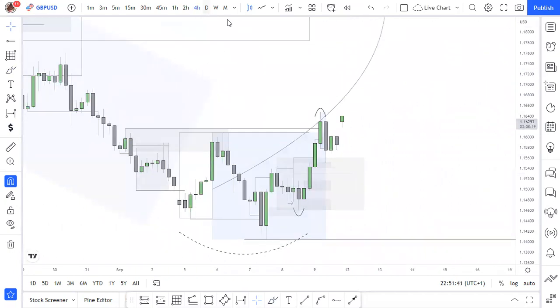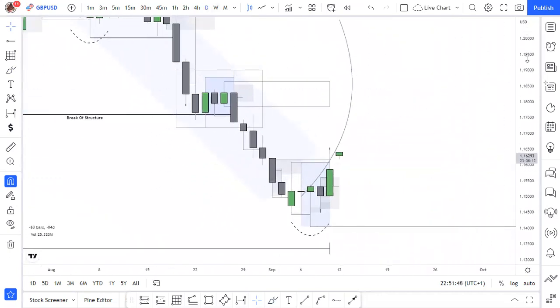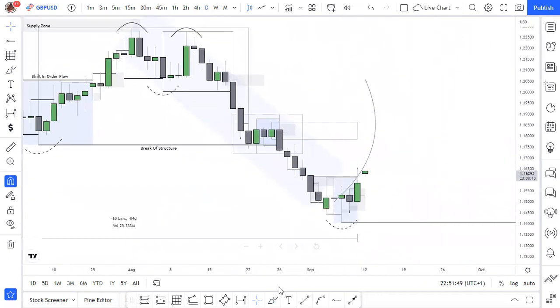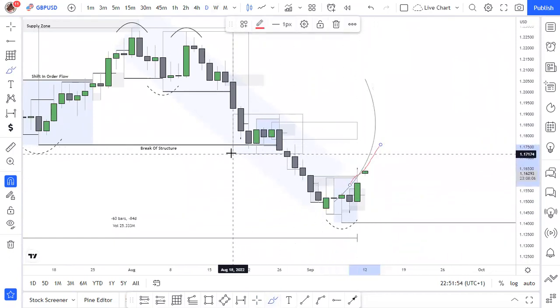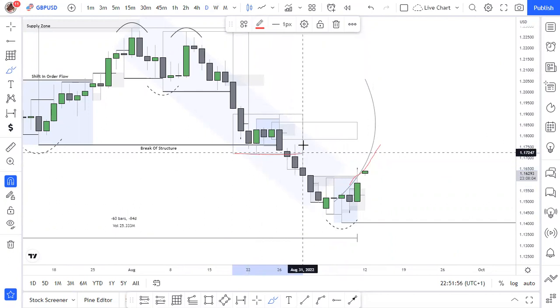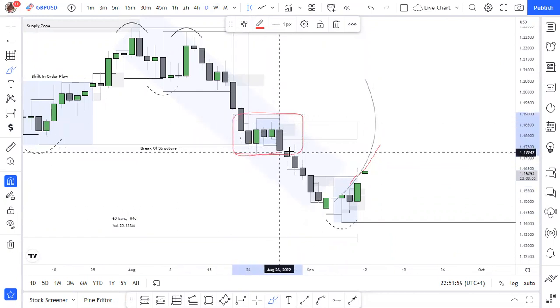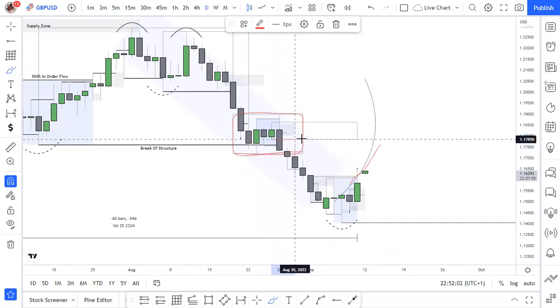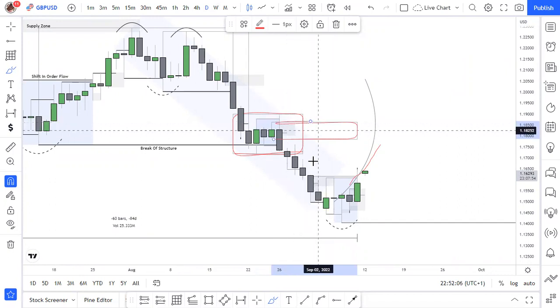Let me quickly go back to the daily time frame. Since we are looking for some kind of pullback, we want to see price pull back to maybe this range. This is the first zone we'll be looking into, this particular range here, or maybe this engulfing candle here, which is more refined.